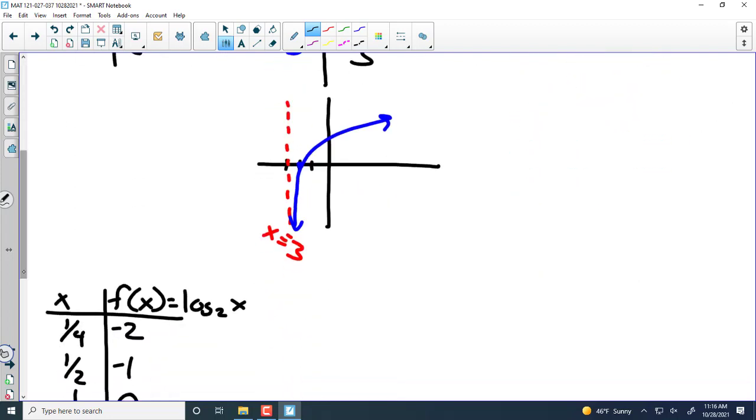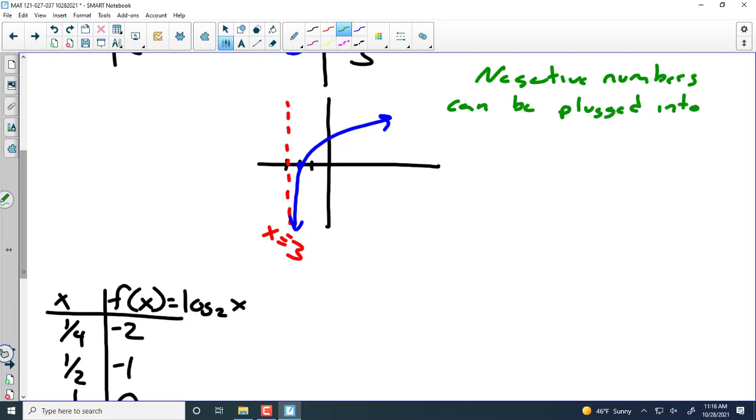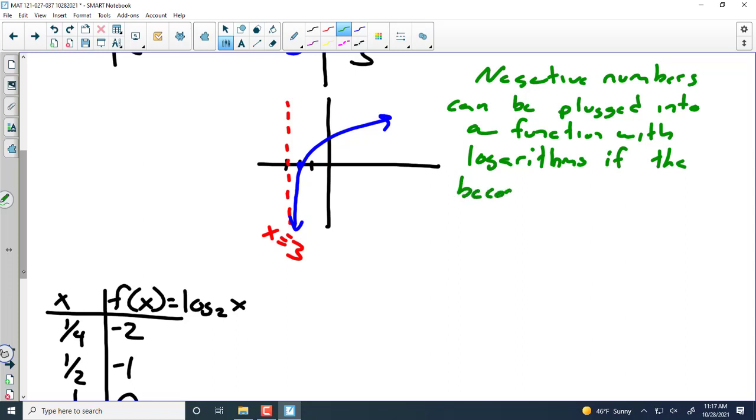So negative numbers can be plugged into a function with logarithms if they become positive before you find or take the logarithm.